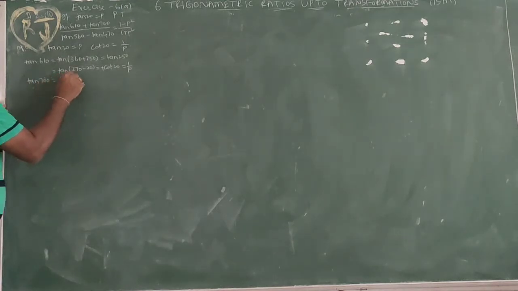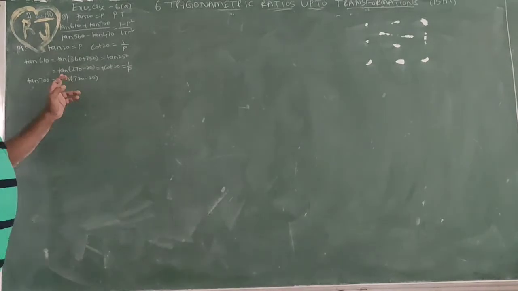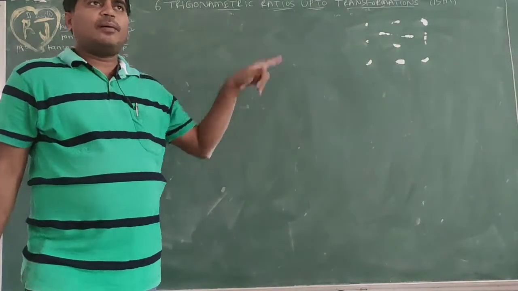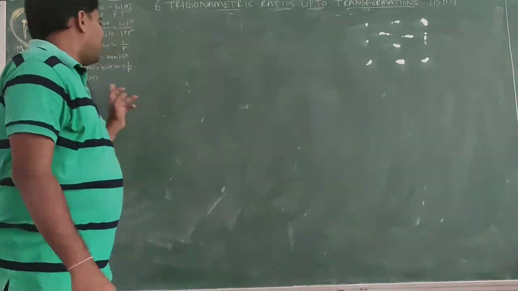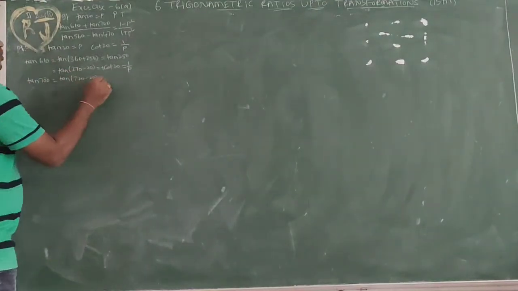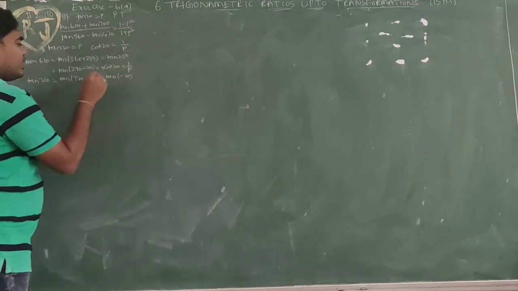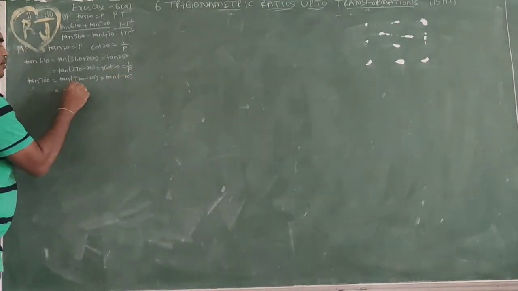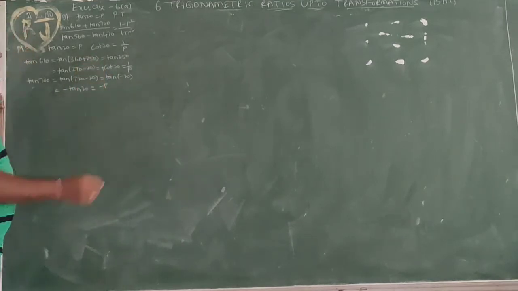Tan 700 equals tan of 720 minus 20. Why am I taking 720? One complete revolution is 360, two revolutions is 720. 720 equals 0. So tan of minus 20, and tan of minus theta is minus tan 20, which equals minus p.